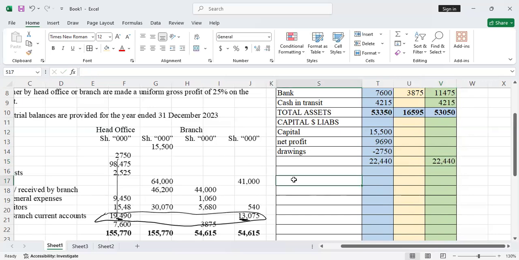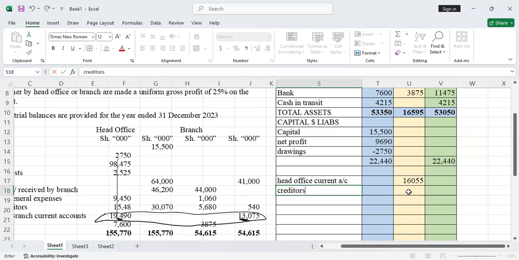So we'll have head office current account. Creditors, they are here.